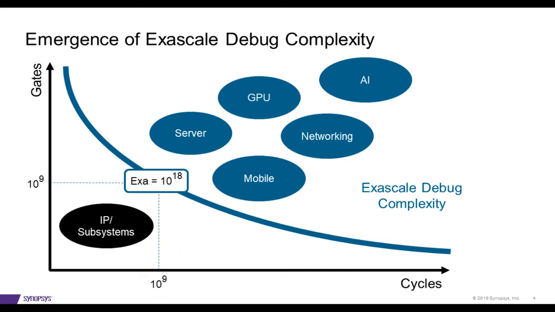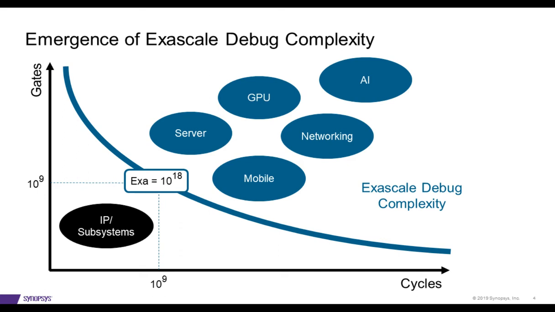If you look at IP and subsystem type of designs, these really fit into this bottom left corner because these are less than a billion gates, and the test cases run here are usually less than a billion cycles. Now, from here, if you think of increasing complexity, this is where I want to get into exascale, which is 10 to the power 18.